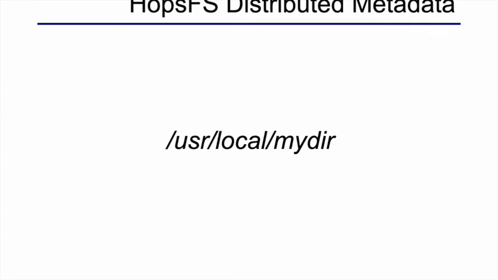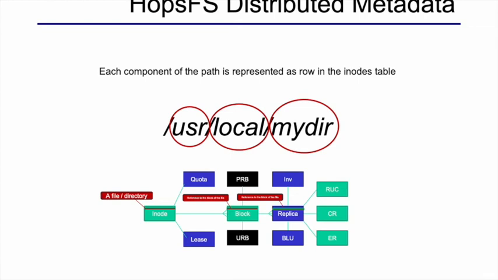So now, for instance, let's see how the metadata of this path is stored in the metadata storage layer. We earlier said that each inode, including files and directories, is represented as a row in the inodes table. Consequently, for each component in this path, which is a directory, we have a row in the inodes table.